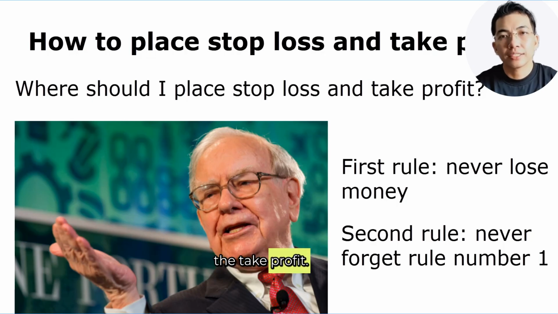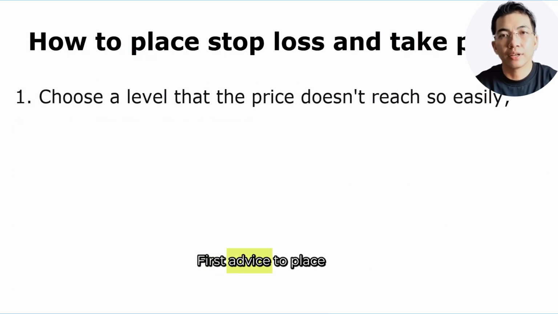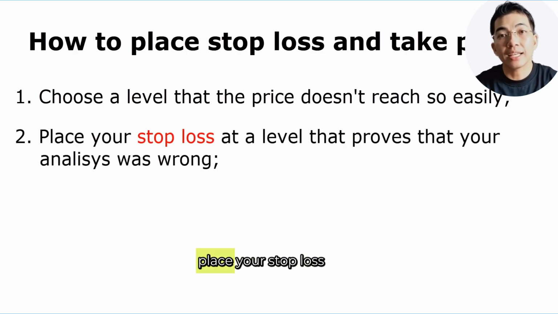First advice to place your stop loss: choose a level that the price doesn't reach so easily. The second advice is place your stop loss at a level that proves that your analysis was wrong. How many times do you see on forex forums traders writing, "The price always hits my stop loss and then goes back in the direction of the trade I placed."